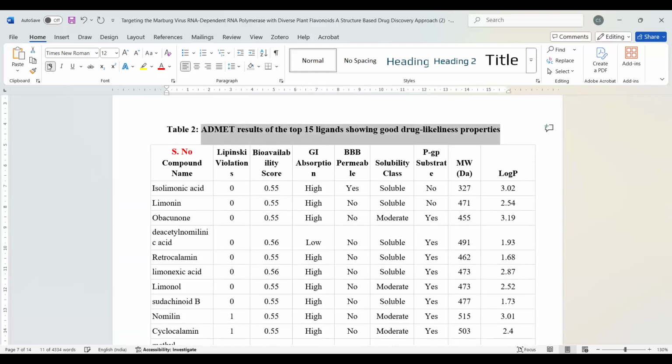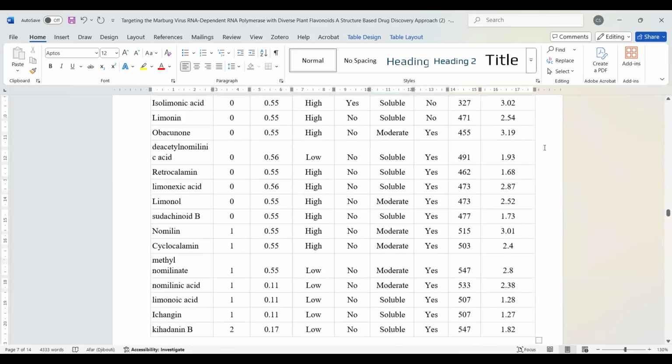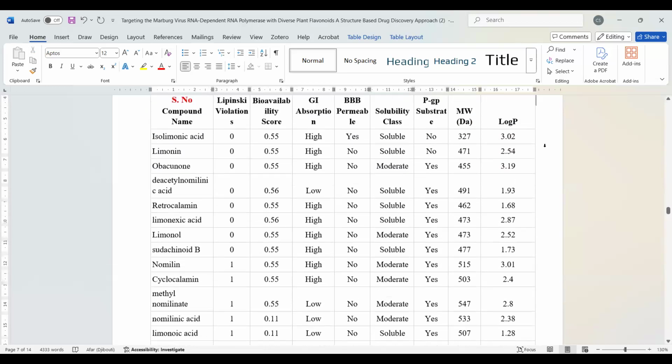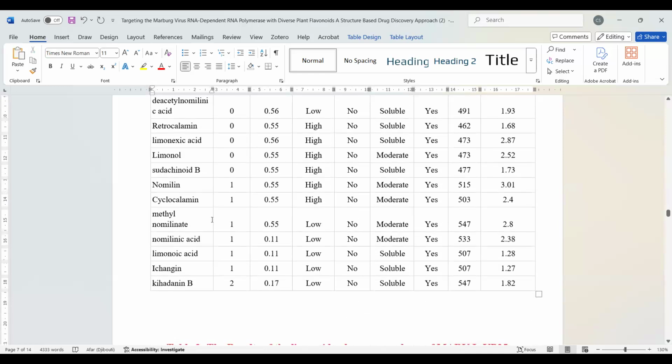In the case of the ADMET results, there are two compounds which show zero Lipinski violations. One is isolimonexic acid, which is also blood-brain barrier permeant and has high solubility and a good bioavailability score. The second one is limonin, which also has a good bioavailability score and high GI absorption.